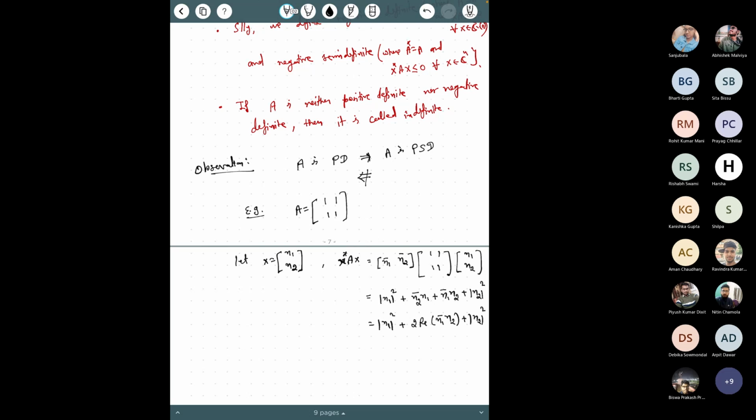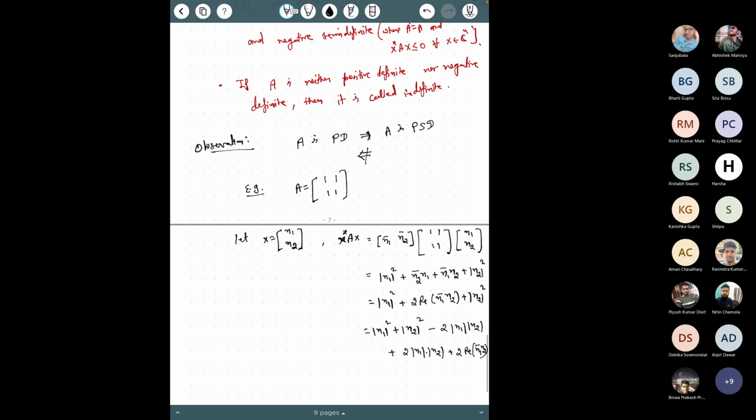Now what I can do here is write it this way: I subtract 2 mod x1 mod x2, and then I add 2 mod x1 mod x2, and then we have 2 real part of x1 bar x2.